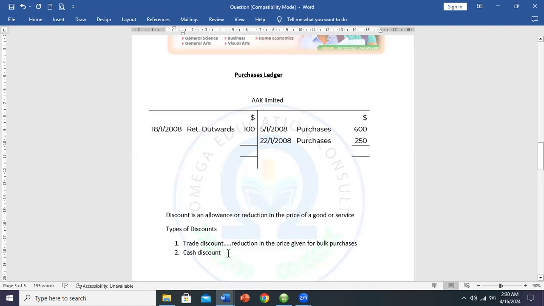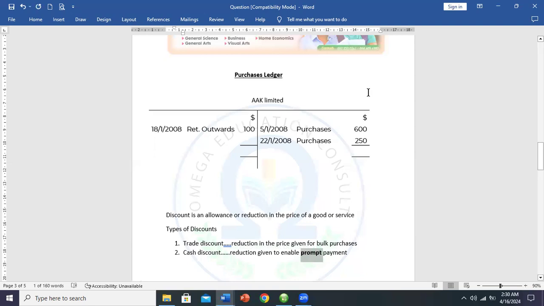The cash discount, on the other hand, is a reduction given to enable prompt payment. Emphasis is on prompt. And this one too, we have a common experience in our daily lives.